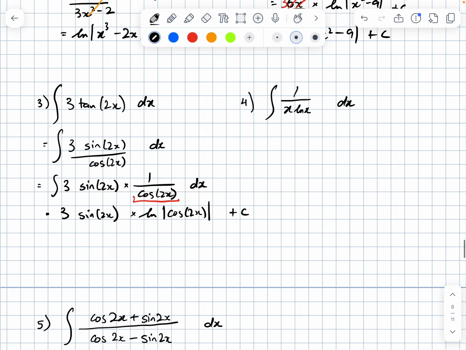The derivative of cos 2x is negative sine 2x, and then I've got to times by the derivative of that bracket, timesing by 2. That's a revision of the chain rule. The signs cancel. We're left with 3 over negative 2, which is negative 3 over 2 ln of cos 2x plus c.